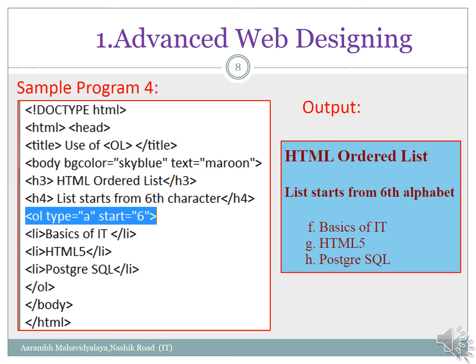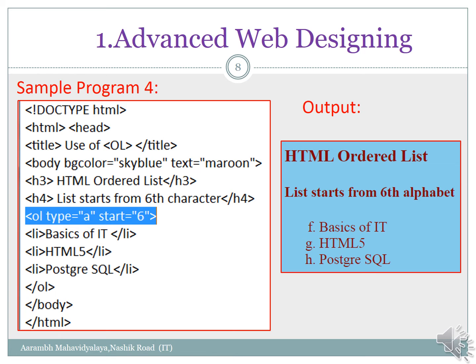Here in this example, we used type as small a, that means whatever data is displayed will be in small letter format, and we have used the start attribute also, and its number is 6. Here we can see in the output that our list items start from the letter F. F, G, H is the output of the data.